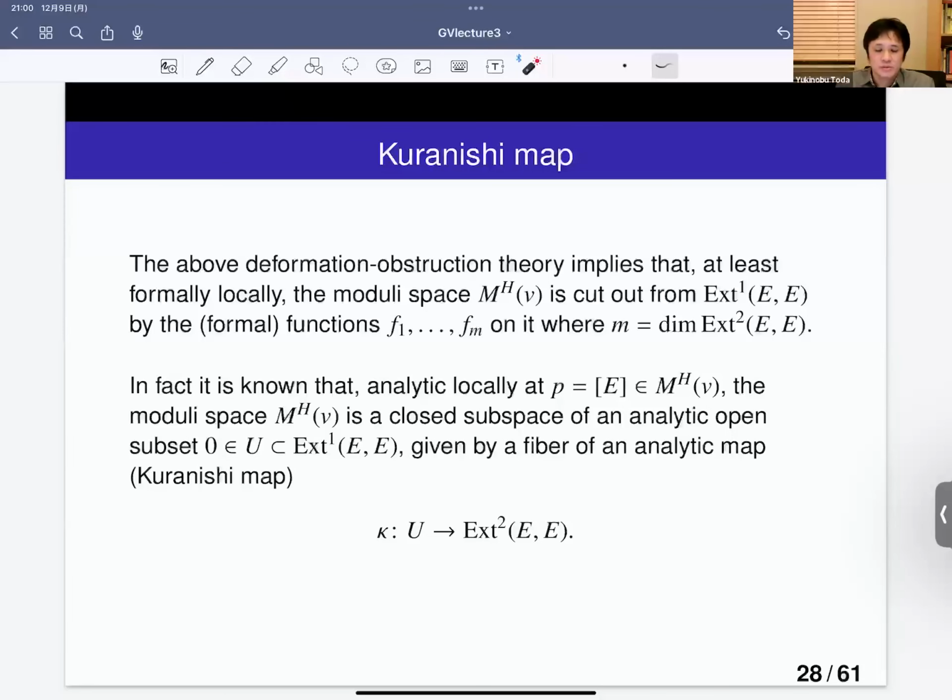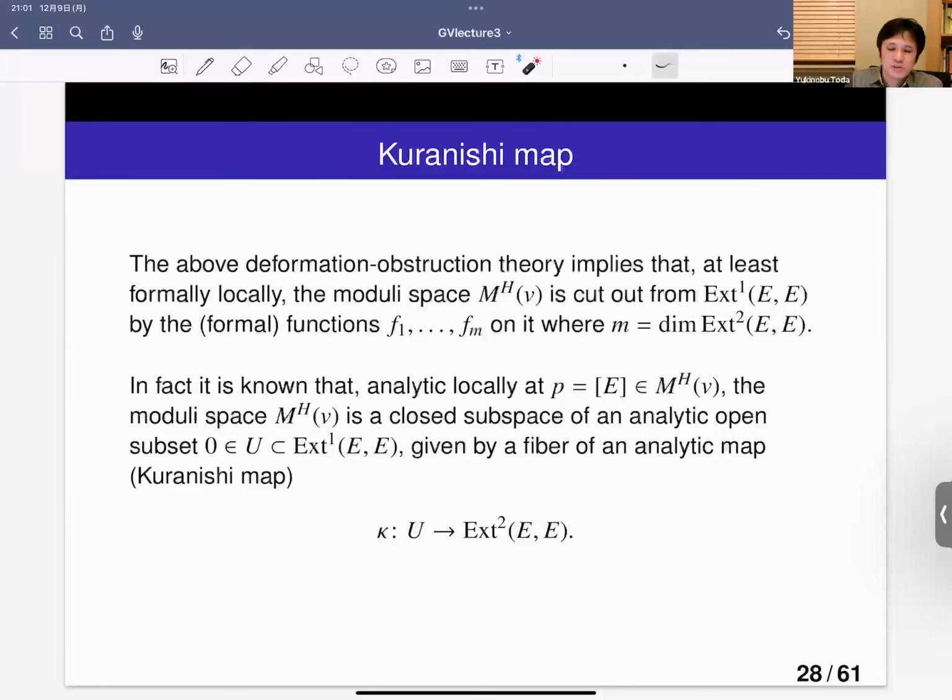So this is in fact smooth. And in fact, it can be shown that analytically, locally at each point, the moduli space is a closed subspace of some analytic subset given by a fiber of some analytic map. This is called the Kuranishi map.